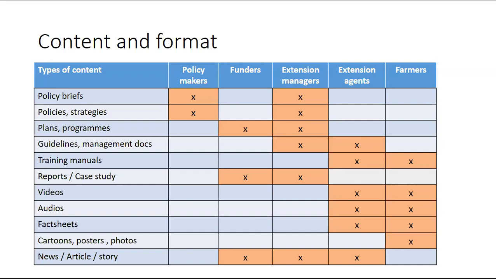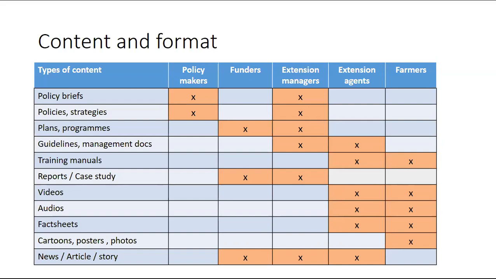The extension managers, I separated these extension managers and the extension field workers or agents here because it's so important. At AFAS, we are focusing on the extension and advisory service aspect. So let's find the different types of people in that area.